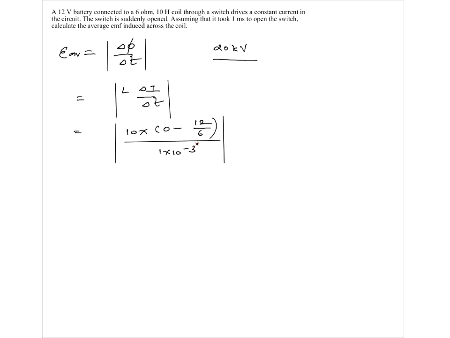Take the mod. If you just want to know the magnitude, see if you are getting 20,000 volt as the answer. 20,000 volt. And this is just a 12 volt battery, car battery. 20,000 volt.